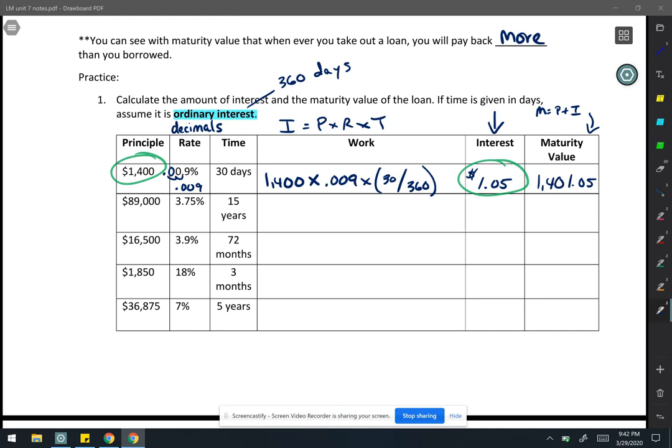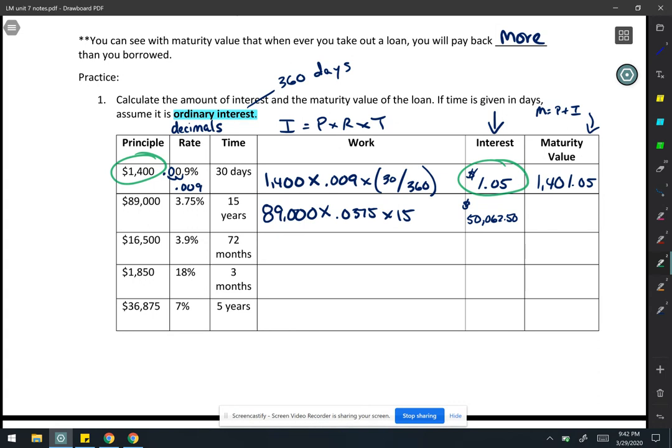Okay, we're going to go on. We have 89,000 times 0.0375 times 15 gives us 50,000, 0.6250.